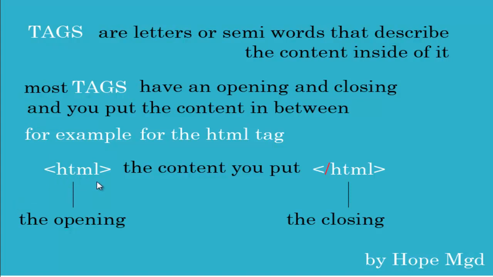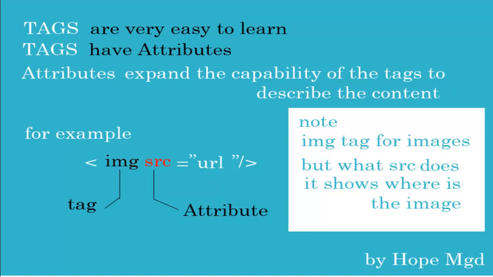We write it like this, the content. Then we close it with this HTML closing tag. We put this slash as a closing tag. After that, tags are very easy to learn because they are so small and they don't need a day or two to be learned. Just practice on them and you'll find yourself okay.